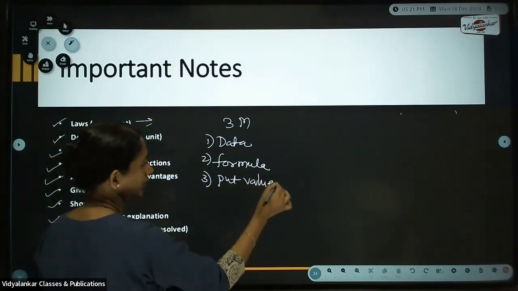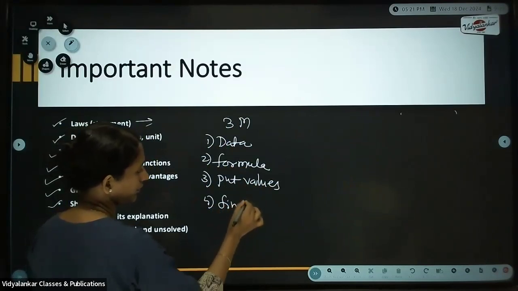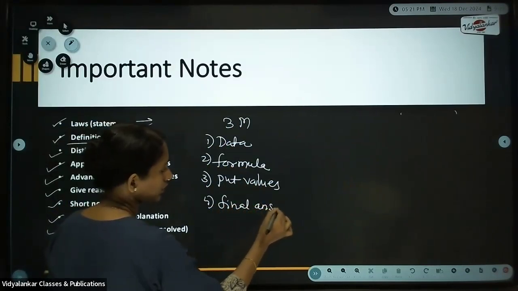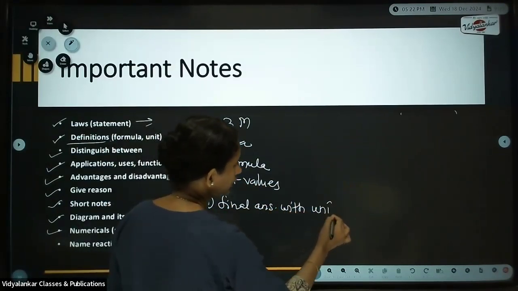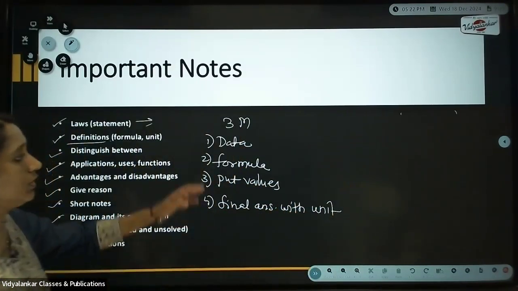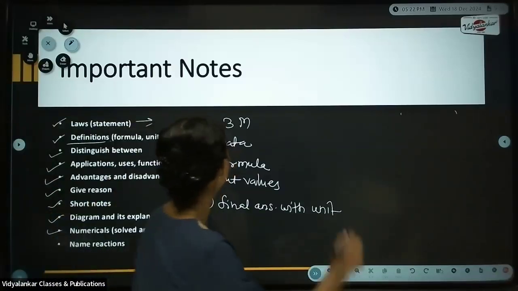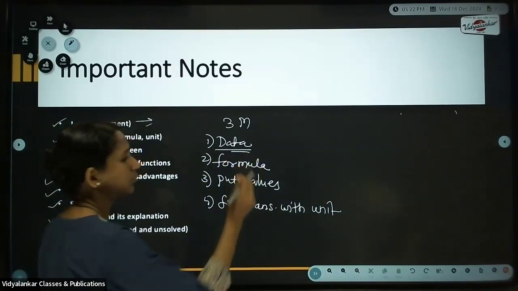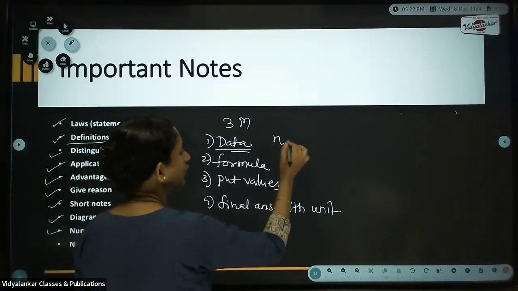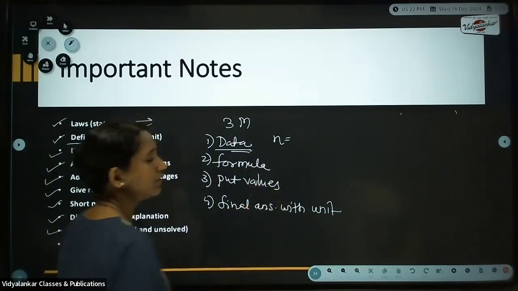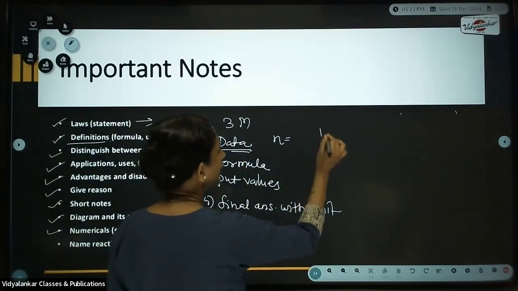And last, the final answer with unit. Generally in 3 mark numericals there is data. Suppose you are asked to calculate the number of moles or any other calculation in the data, then this also carries half mark.